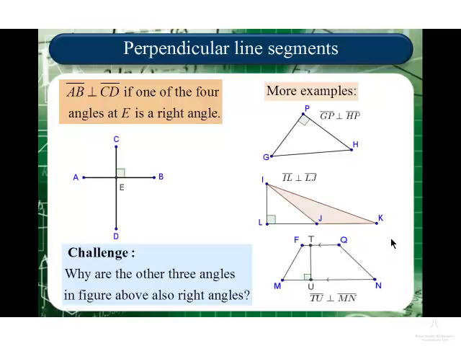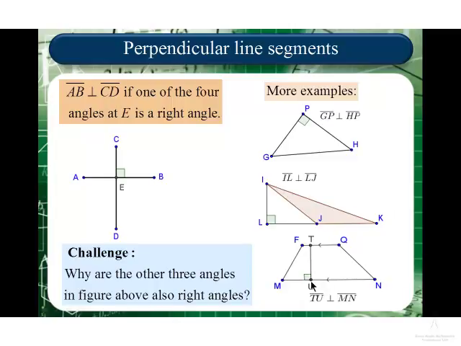Here is another case where the line segments are perpendicular. That's the line segment TU and the line segment MN. This is when we consider quadrilaterals, and later on in this video series we will consider this in particular in the context of quadrilaterals.